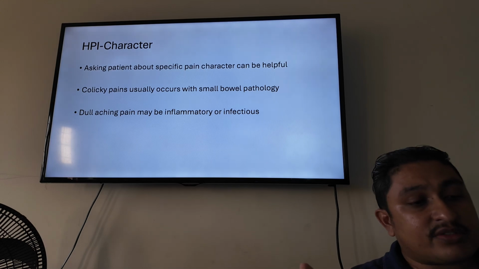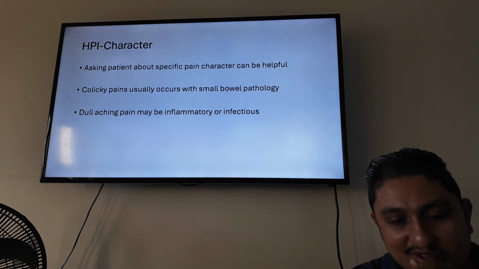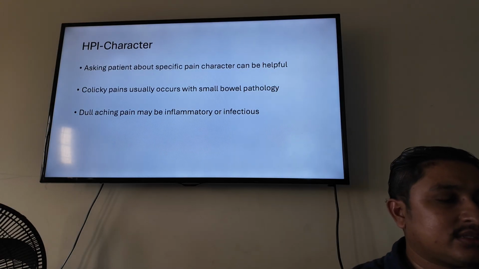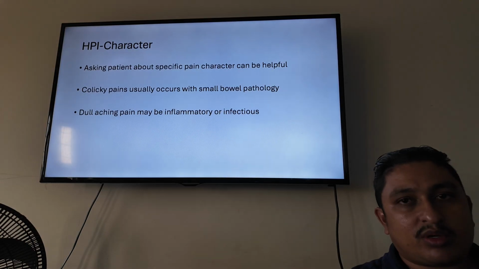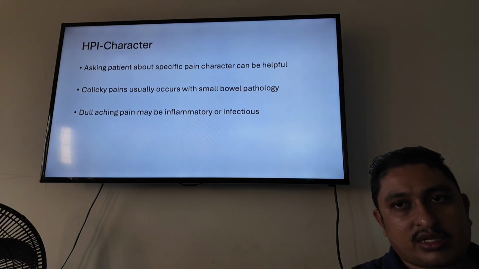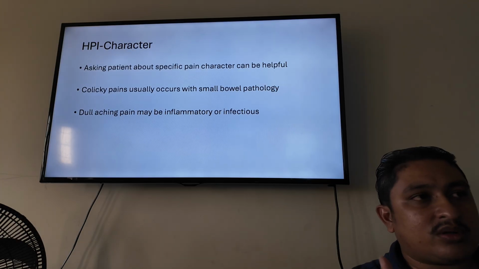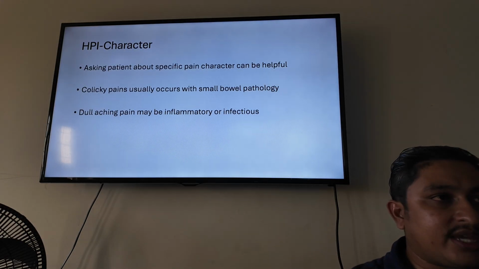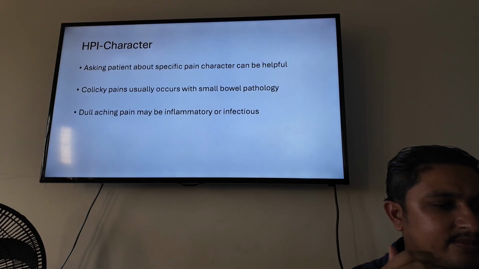Specific characteristics of pain are very helpful, right? Very helpful. Dull, aching, stabbing, burning. Colicky pains usually occur in small bowel pathology, right? And that's just a fact of peristalsis. Every time they get a peristaltic wave, they get this colicky pain.